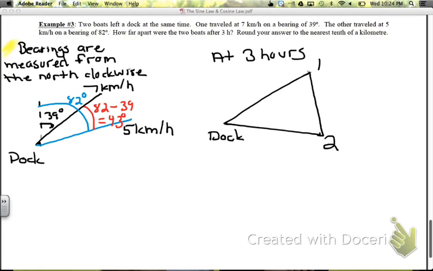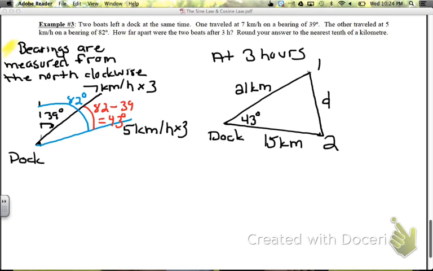I know my angle measurement here is 43 degrees, and in 3 hours, how far will boat 1 have traveled? So I take 7 and multiply it by 3, which will give me 21 kilometers. Similar to boat number 2, multiply 5 by 3, and what we get is 15 kilometers. And what the question is asking us is how far apart were the two boats after 3 hours? So we need to find the distance between boat 1 and 2.